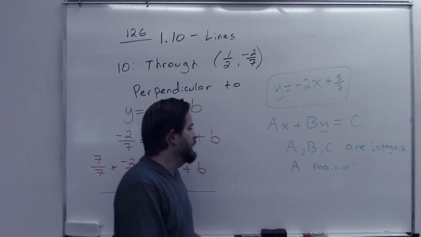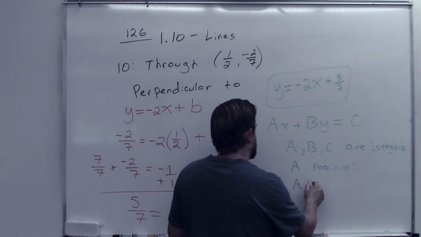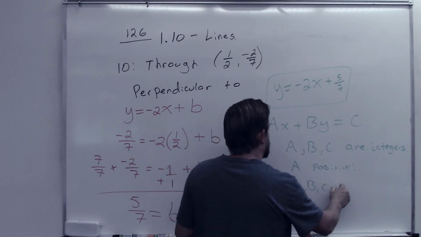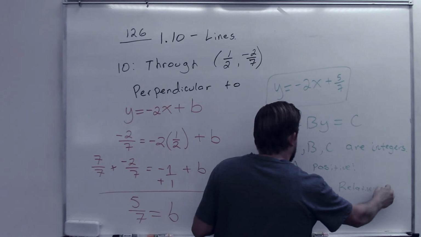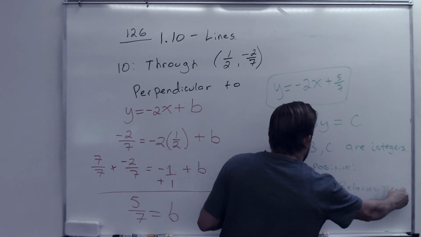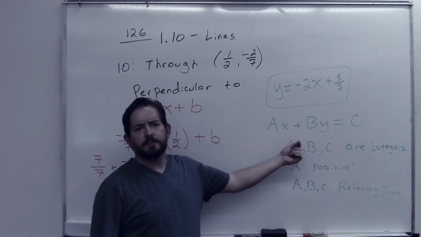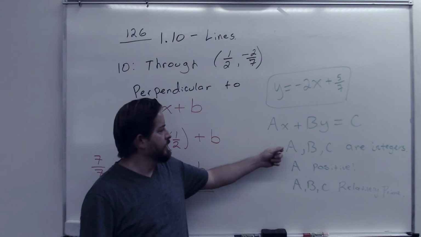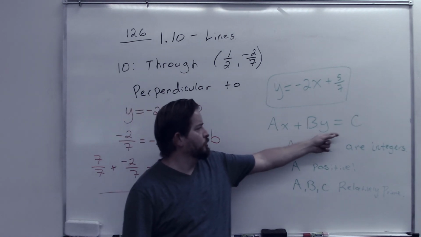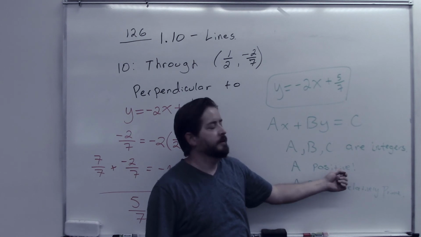And then the last condition is that a, b, and c are relatively prime. And that just means that the greatest common factor of a, b, and c would be 1. Like if a was 2, b was 4, and c was 6, you would divide everything by 2 to reduce it as much as you can, right?